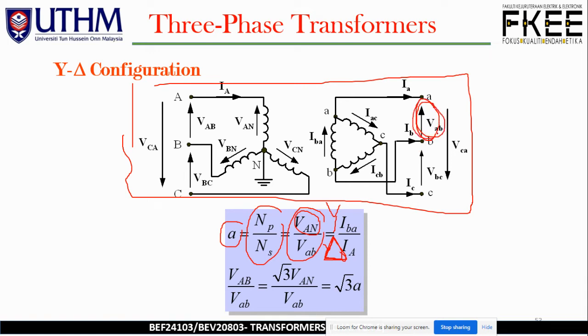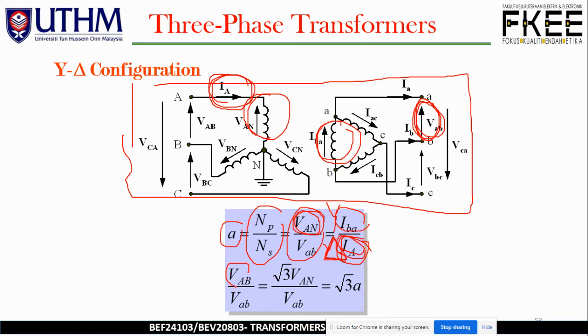This is the V phase of the delta. This is the V phase for the star, and IBA over IA. So IBA, this is the phase current and also the line current over here, for the star configuration.